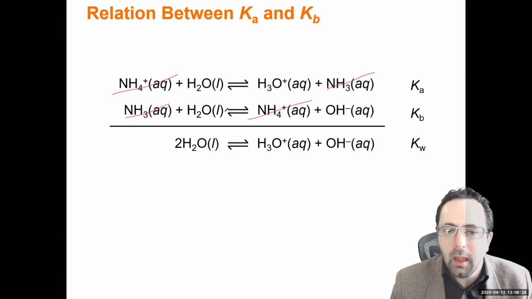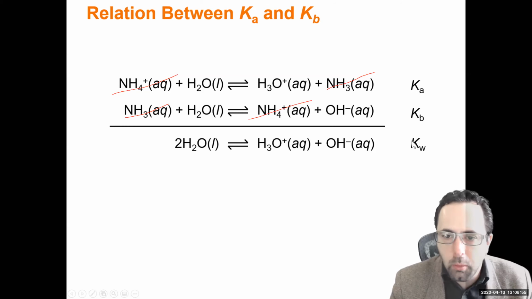So what we get when we add these two reactions is 2 waters right here, 2 waters, and a hydronium ion and a hydroxide ion. This is just the equation for the autoionization of water. So we know the K for that reaction, that's what Kw is. The K for this reaction is defined as Kw, K for water.